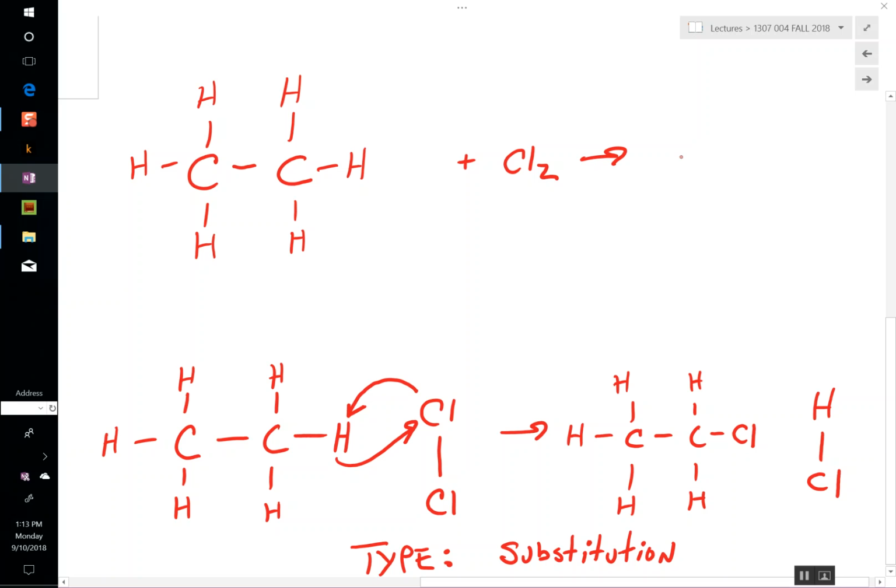So if I finish this off, if I were just writing out this reaction, I would write it like that. So there is the reaction written out. This is a diagram showing you a little bit about what is going on. How is that reaction proceeding? It's proceeding by substitution. Boink, boink. Okay?